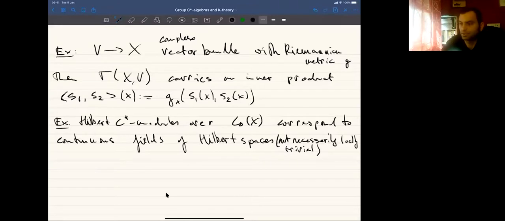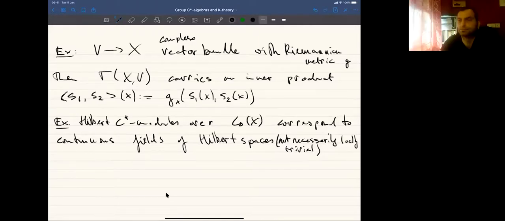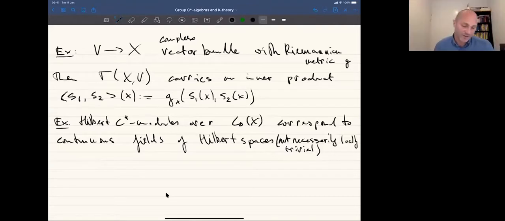Ron, there's a question. How is it related to the Serre-Swan theorem? Yeah. The question is, how is this related to the Serre-Swan theorem? Well, yes, the Serre-Swan theorem, at least in the first example, you use this because, well, you can say many things about Hilbert C-star modules.